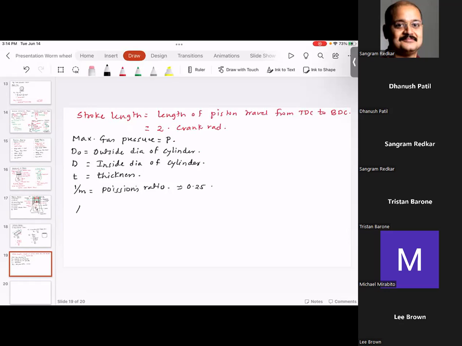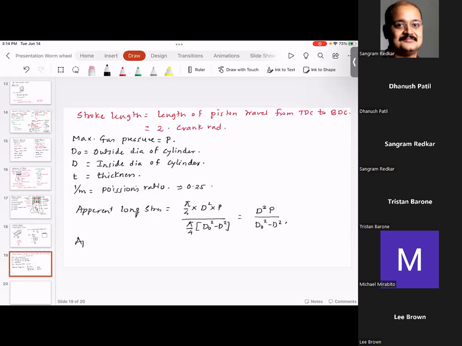So there is something called the apparent longitudinal stress, that is pi by 4 times d square times p divided by pi by 4 times (D outside square minus d square), which is d square p divided by (Do square minus d square).